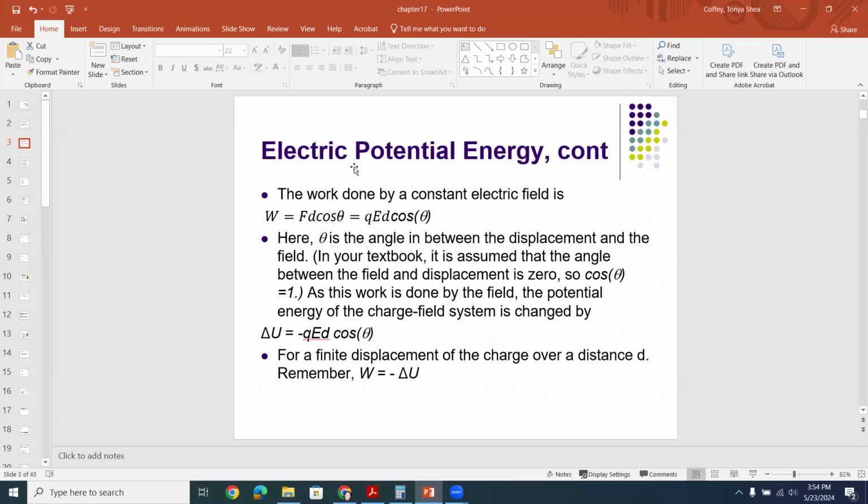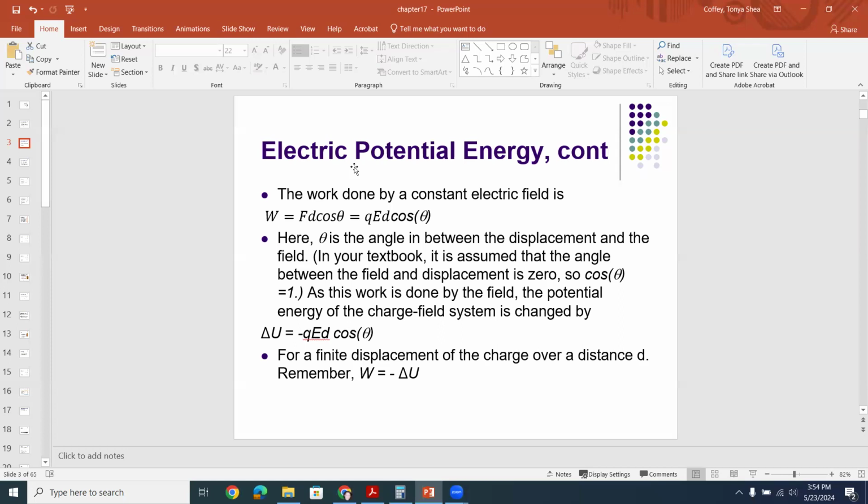Now, remember, there's a relationship in between the work done by an external agent and the change in the potential energy of a system. And that relationship is that for conservative forces, the work is equal to the negative change in the potential energy. W is equal to minus delta U, where U is potential energy.